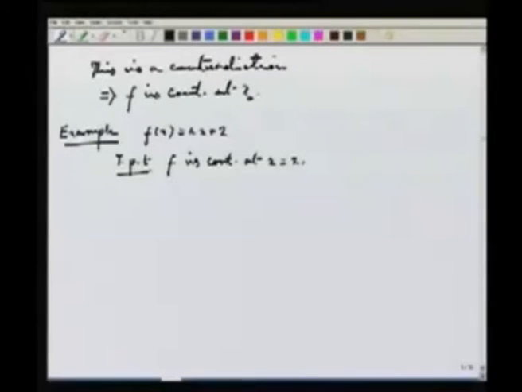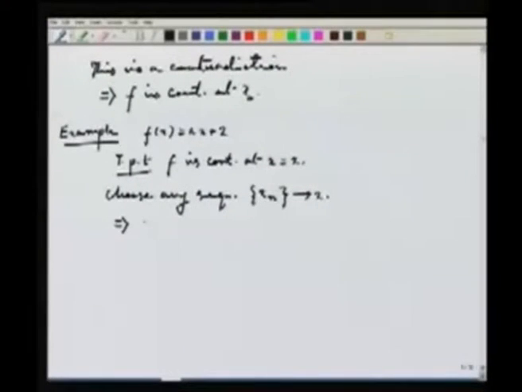So how do I proceed through this sequential criteria? I just choose any sequence xn which converges to 2. Now if you remember your lessons on sequences, if a sequence xn converges to L, then any scalar times xn converges to the scalar times L. If xn converges to L and yn converges to m, then xn + yn converges to L + m, and so forth.